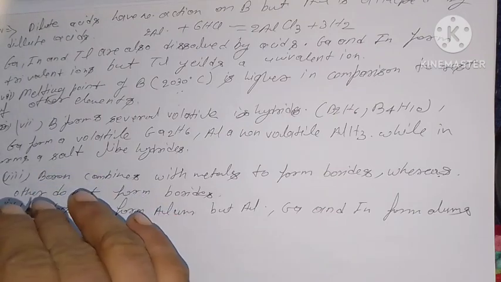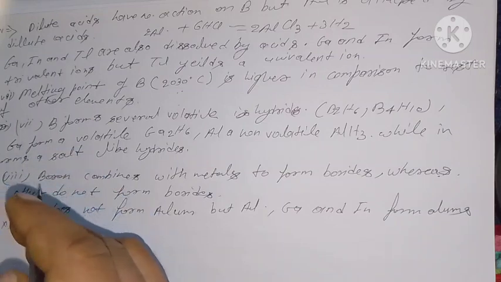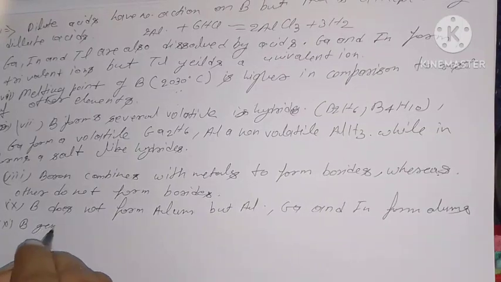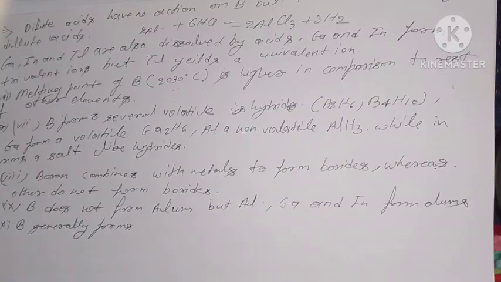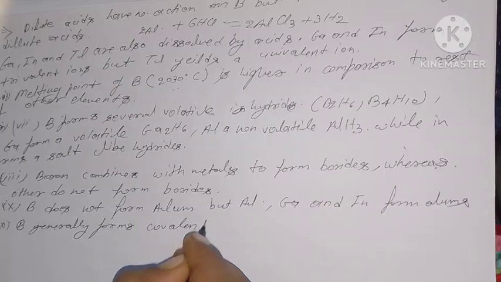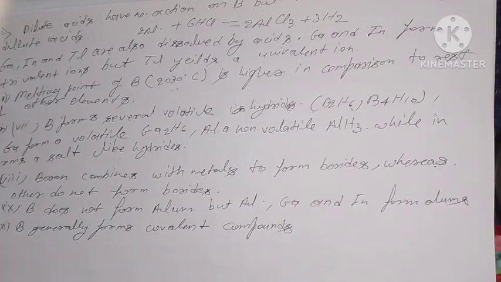Boron generally forms covalent compounds, while the other elements of group 13 form both covalent and electrovalent compounds.